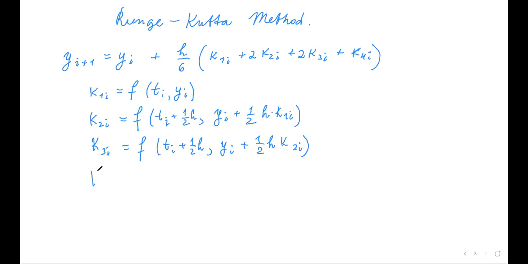And the last one is going to be just a full step for I. And again, Runge-Kutta method is a fourth order method. h yi plus h k3i. More complicated formula, but not that super complicated, kind of natural. So this is the first step, this is the last step, and there are two steps in the middle which are trying to do better estimation.